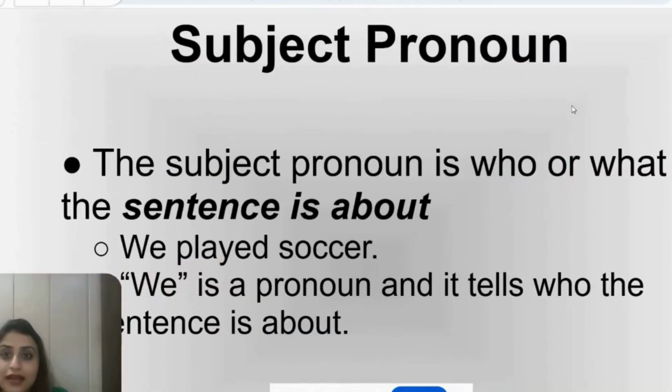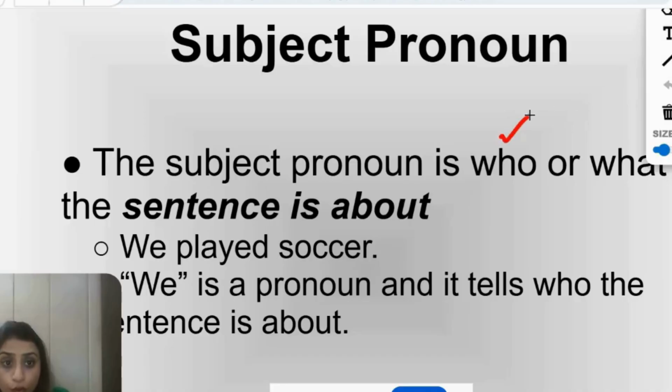Now let's understand subject pronouns. The subject pronoun is who or what the sentence is about. For example, we played soccer. We is a pronoun and it tells who the sentence is about.